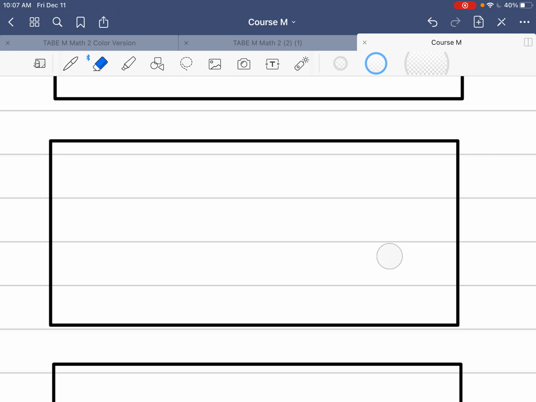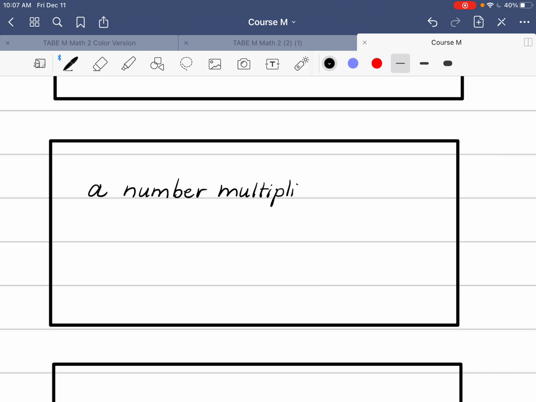A coefficient is a number multiplied by a variable. And I am going to use an example on this one because that's the easiest way to explain this to you. Let's take that term 3x that we just looked at.